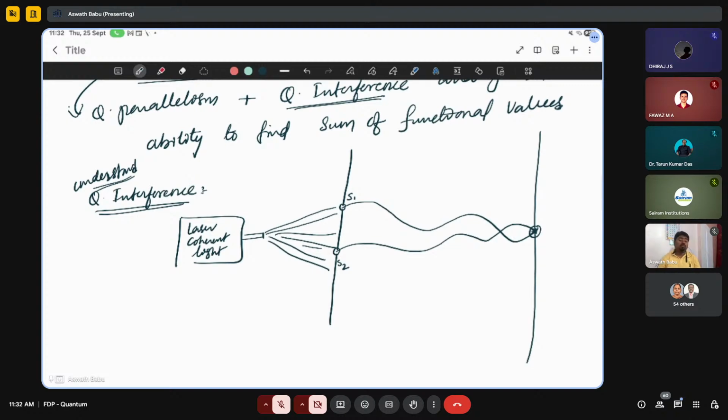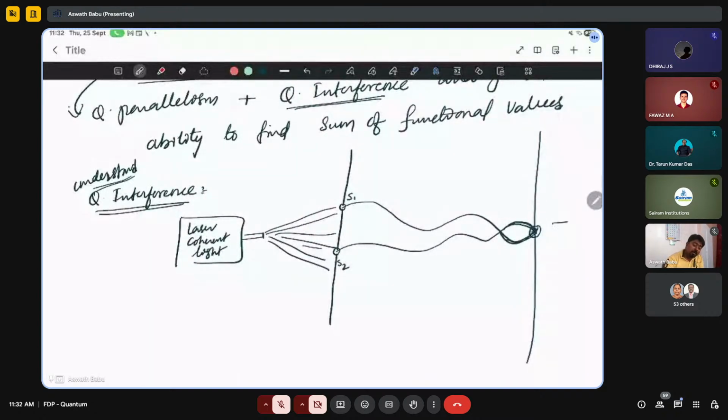So what happens? Two people are trying to pull something towards each other. Their equal strength, they will not move at all because they can't. They are of equal strength. So the wave of light interferes. One wave interferes from the top, another wave coming from another source interferes from the bottom. They actually destructively interfere.